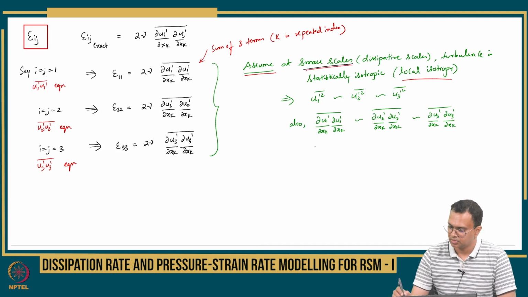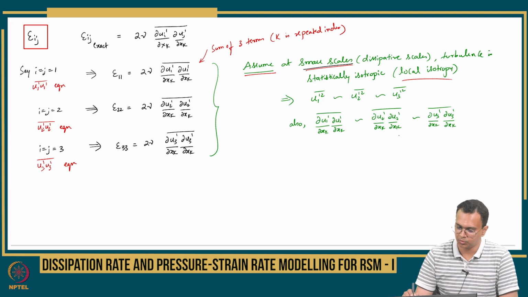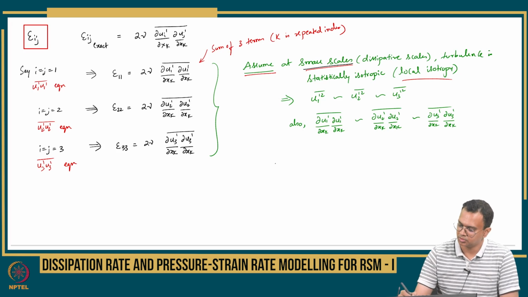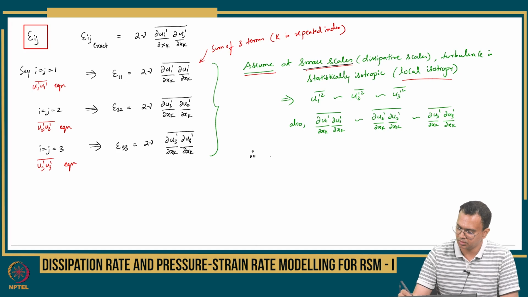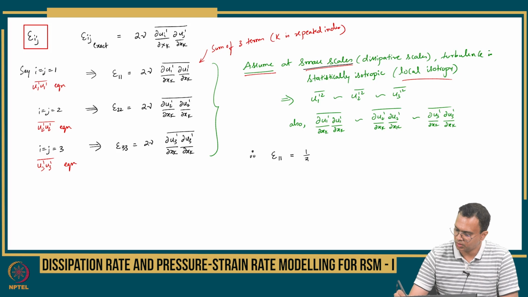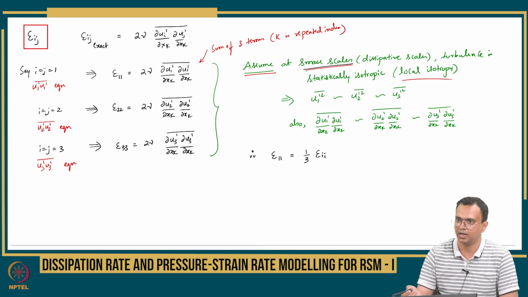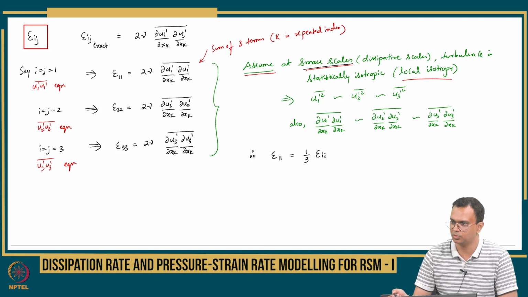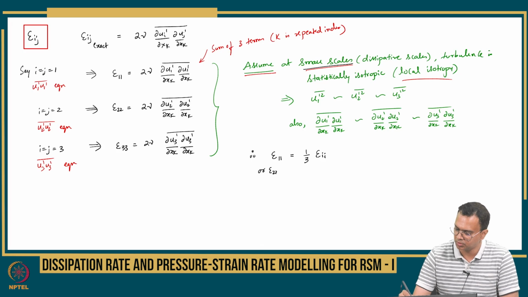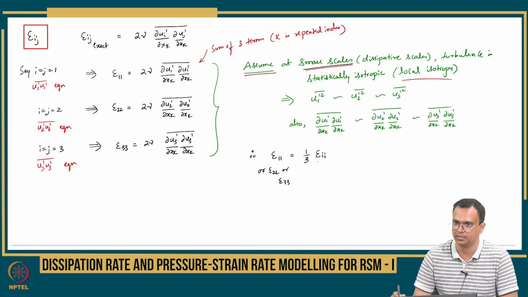With this, therefore, epsilon 1 is nothing but 1/3 of epsilon ii. Can I say this? I sum it up and divide by 3, which is nothing but epsilon 1 or epsilon 2 or epsilon 3. Epsilon 1 or epsilon 2 or epsilon 3 is nothing but 1/3 epsilon ii.